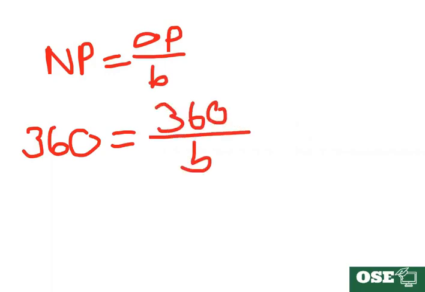So b is 1, because the period did not change. So in order to get 360, it has to be 360 divided by 1. Does it make sense?